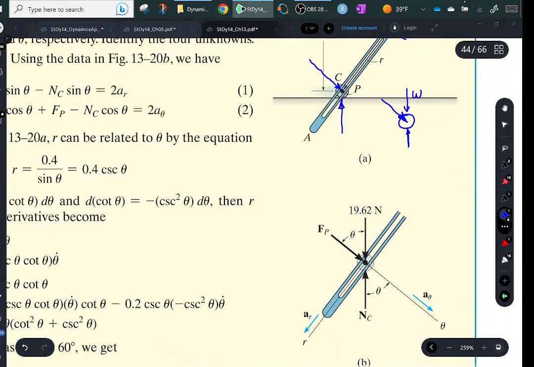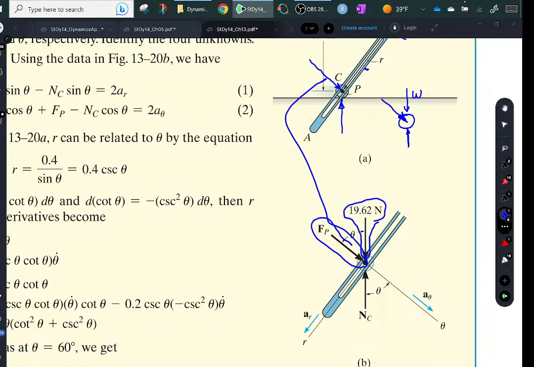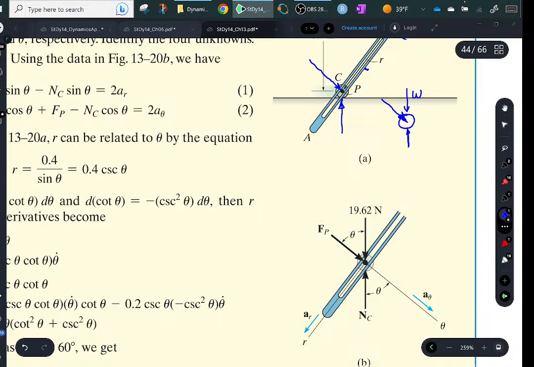He puts his weight right here. He puts the FP, which is the rod pushing on the drum, and he's got the ground pushing back up on this. So he's got his free body diagram. Turns out the FP happens to be going here, but this one and this one are going to have to be broken into components.